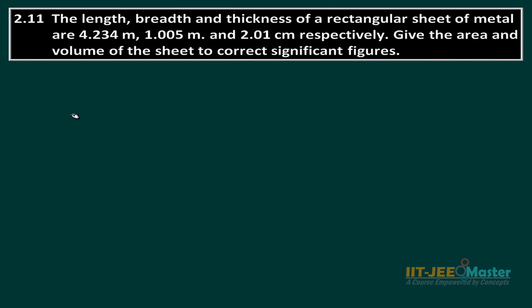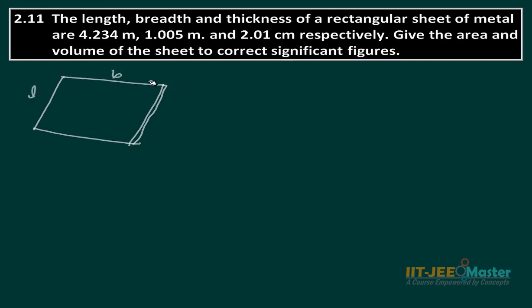I will say the area to be calculated is only the surface area, not the whole surface area, that is below the surface of the sheet and on the sides of the sheet. So I will include only this area in my answer, while the answer in the CBSE NCERT book is different. That is the total area, and that area is also correct, but I will calculate this area.